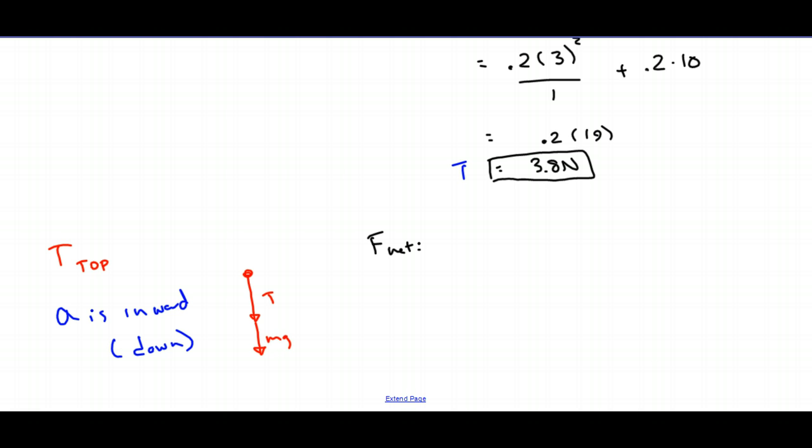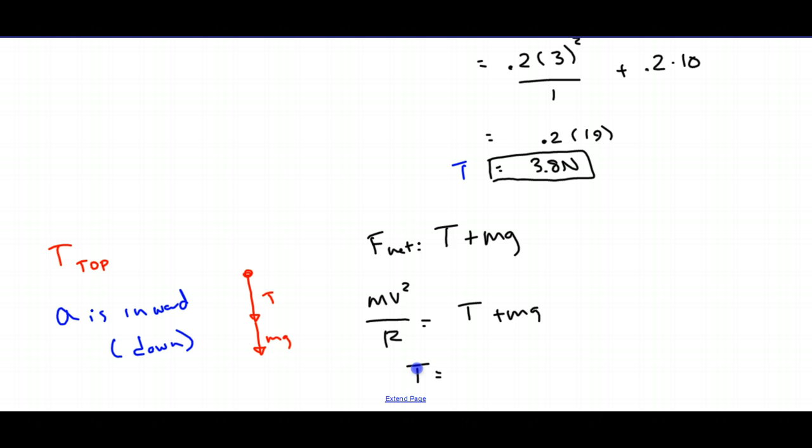So any forces going down are our winning forces. So our F net then is tension plus mg, and we're not going to subtract anything because there's nothing going in the opposite direction. So mv squared over r equals tension plus mg.